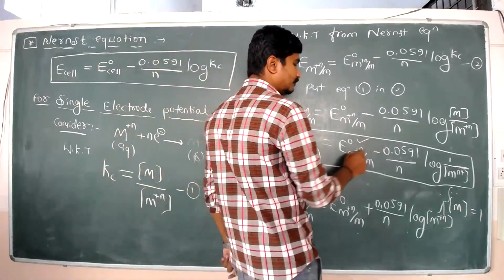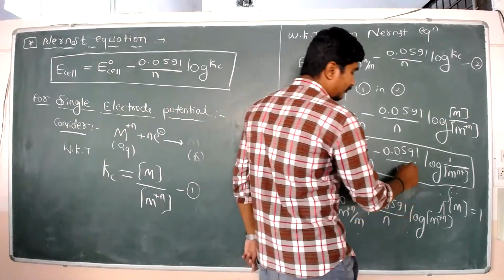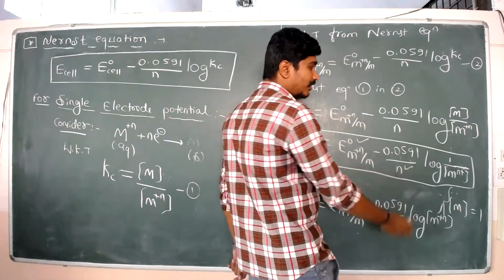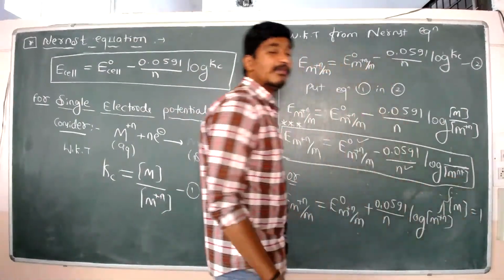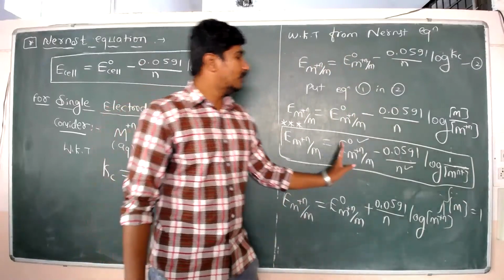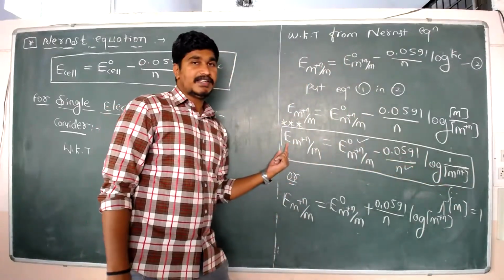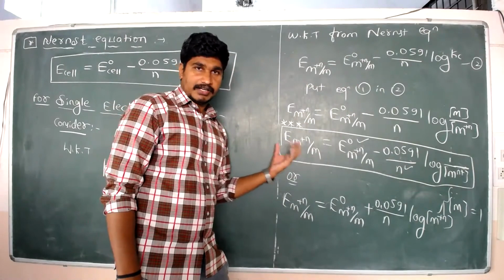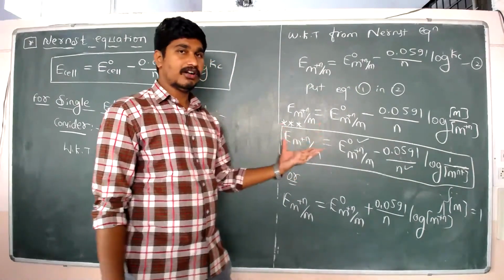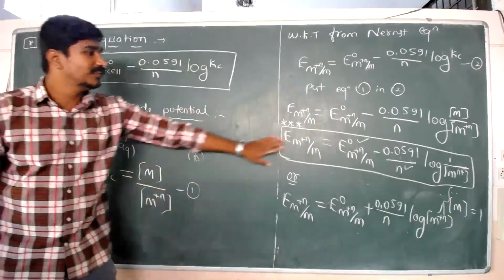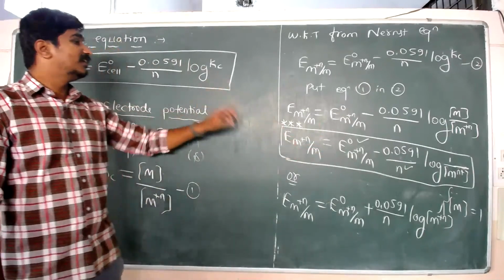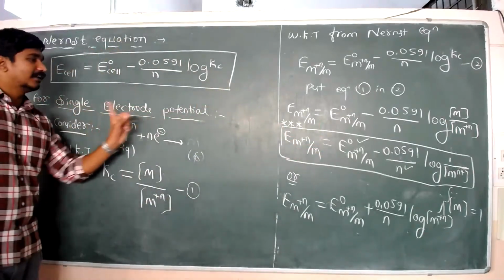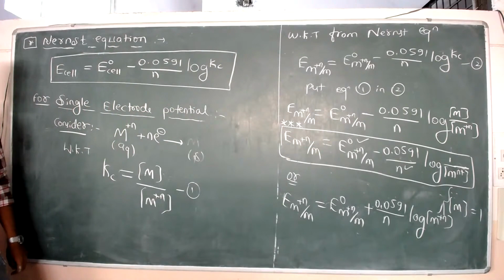This one is fixed, already given. Now, n value is the number of electrons involved in the reaction. Here it is concentration, mentioned already in the problem. By putting all these values, you can easily calculate the single electrode potential by using this formula. It is also one of the Nernst equations for the single electrode potential.